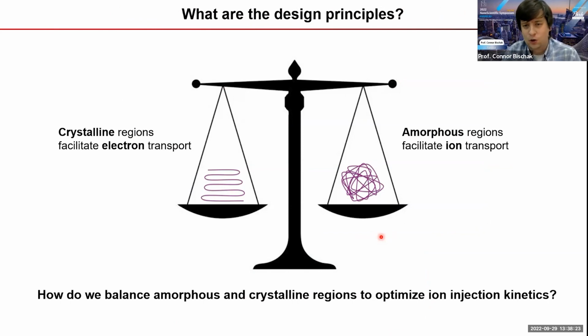And so the question was, how can we get a very crystalline and at the same time very amorphous material? And of course you can't do that, but our design idea was to balance amorphous and crystalline regions to see if we can optimize how fast ions can enter these types of systems.